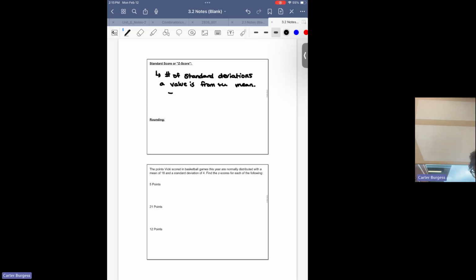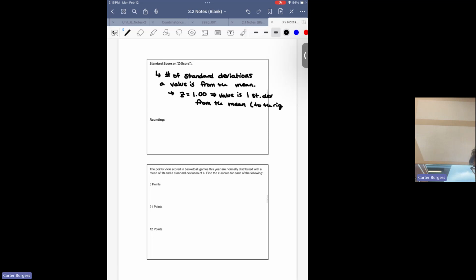So for instance, if our z-score equals 1, then that means that our value is 1 standard deviation from the mean. And because it's positive 1, we'll say that it is also to the right of the mean.